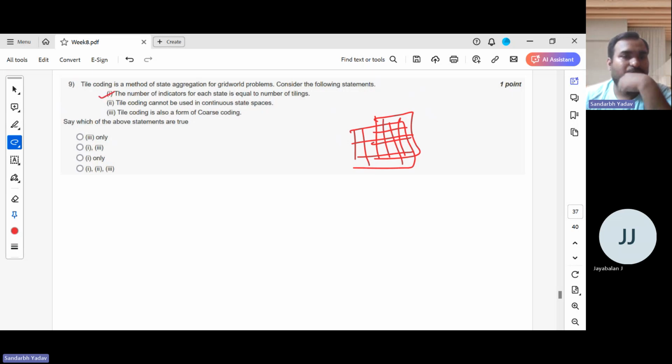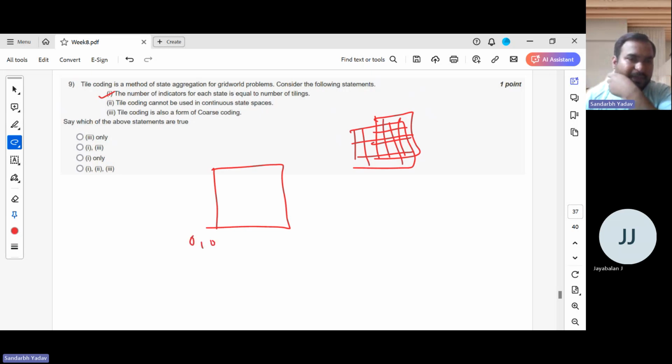The next statement is that tile coding cannot be used in continuous state spaces. Suppose we have something like (0,0), (0,1), (1,1), (1,0). This square is there, where our agent can be at any real point in between. Can we use tile coding over the state space?